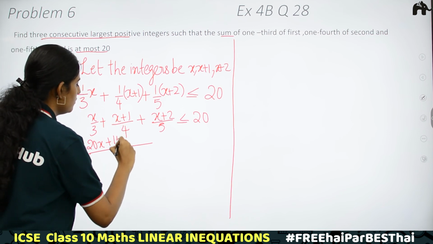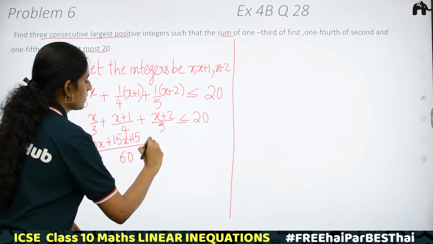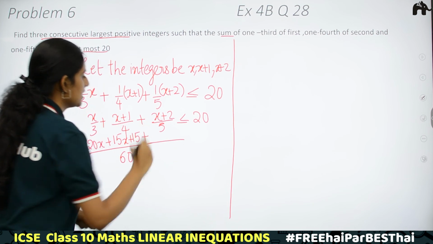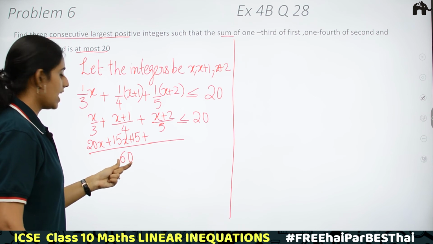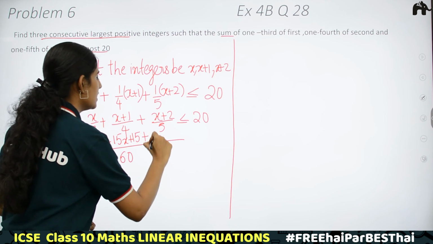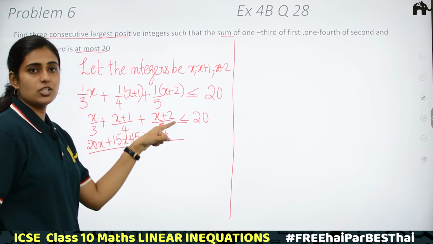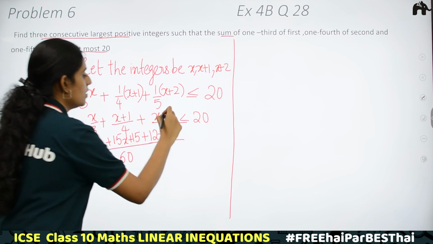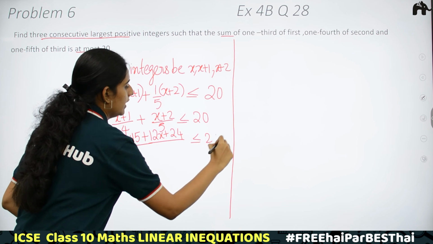That is 15x plus 15 plus 5 into 12 is 60. That is 12x plus, here we have a 2. That is 2 into 12, 24. Less than or equal to 20.